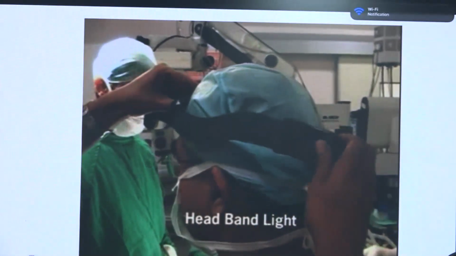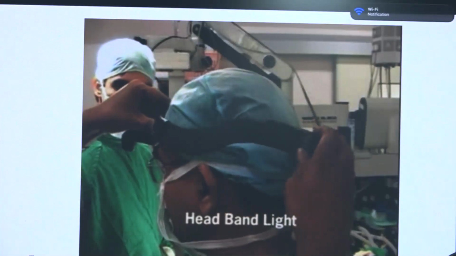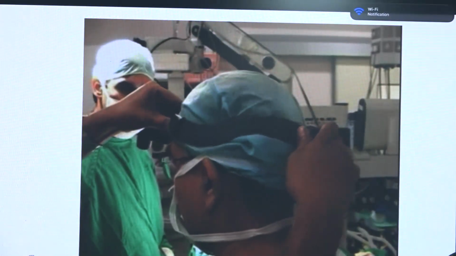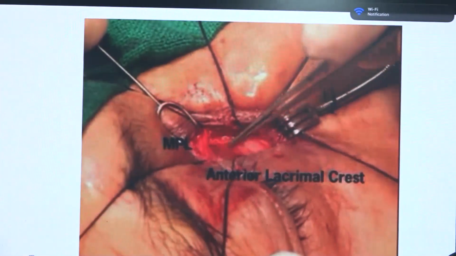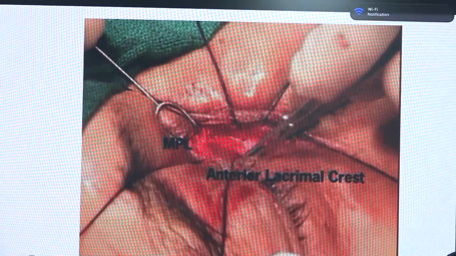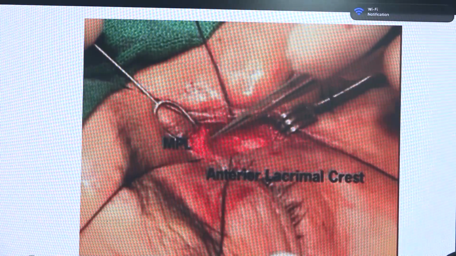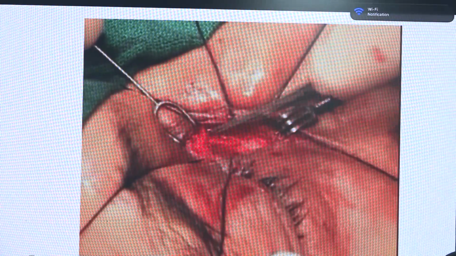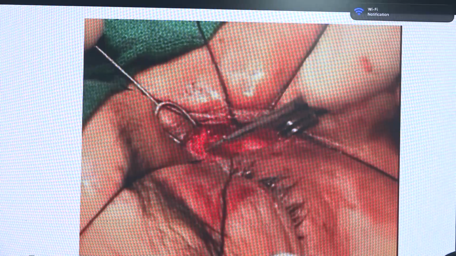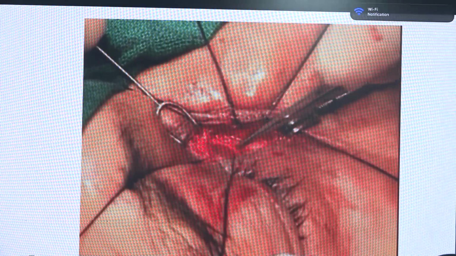Further surgery is aided by the use of a headband light. This is the anterior lacrimal crest visible here, and this is the medial palpebral ligament. These two are important landmarks in the surgery of DCR.